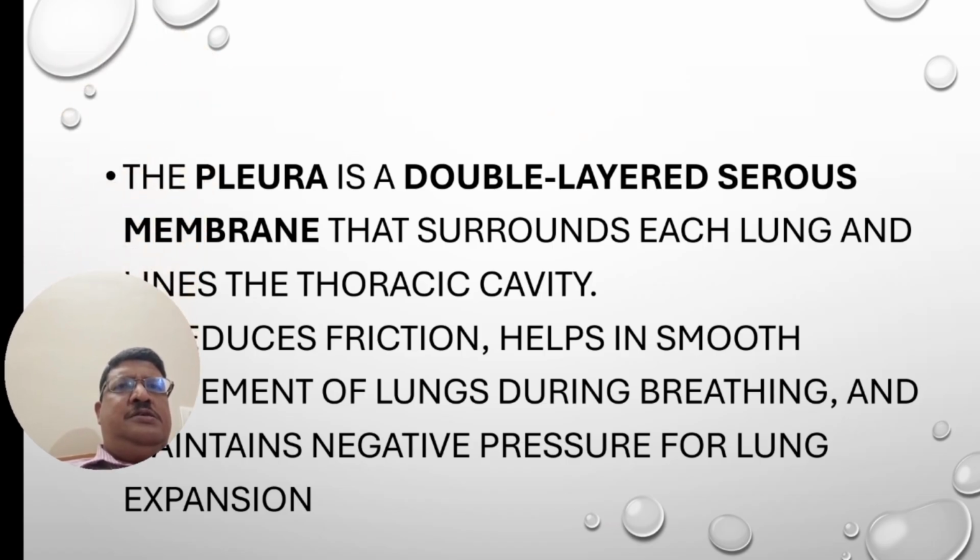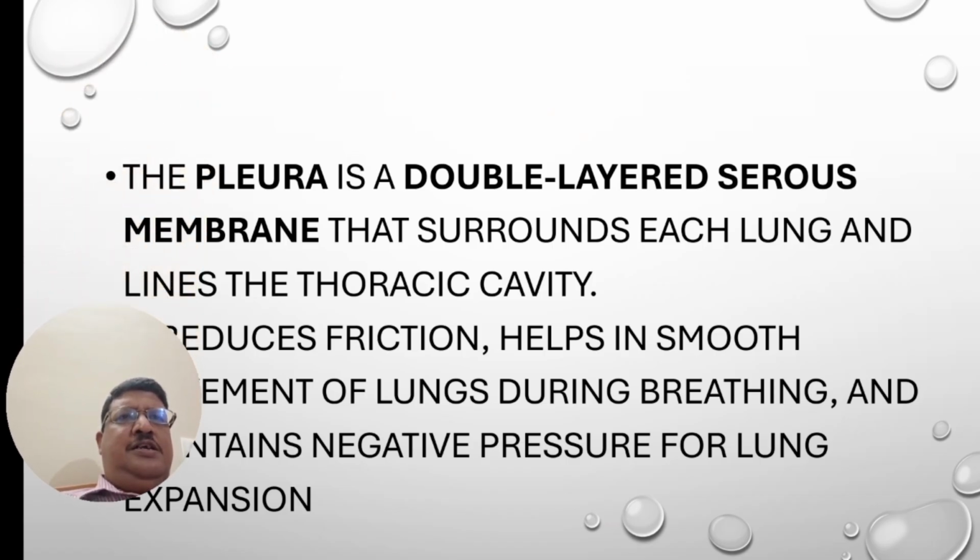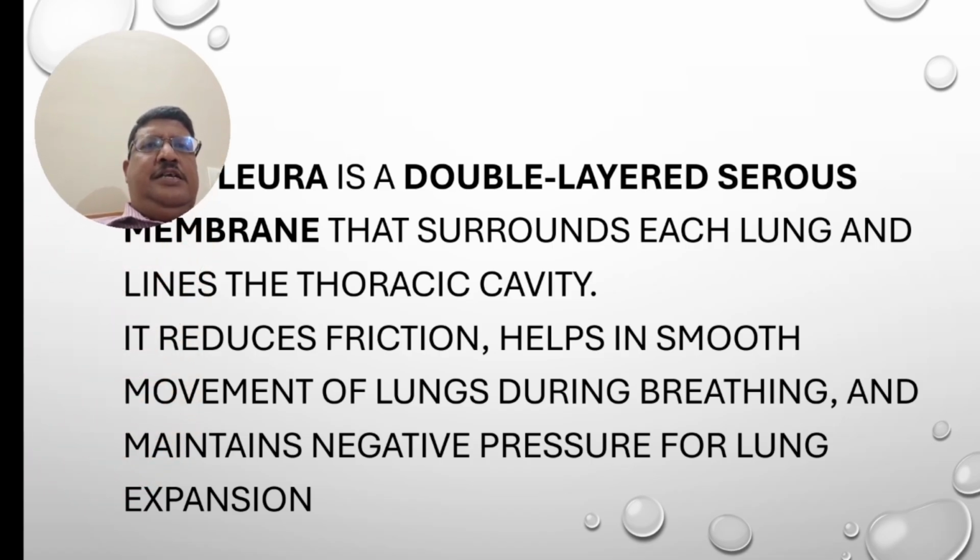The pleura is a double-layered serous membrane that surrounds each lung and lines the thoracic cavity. It reduces friction, helps in smooth movement of the lungs during breathing, and maintains negative pressure for lung expansion.